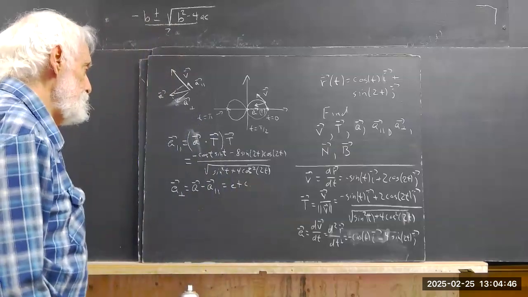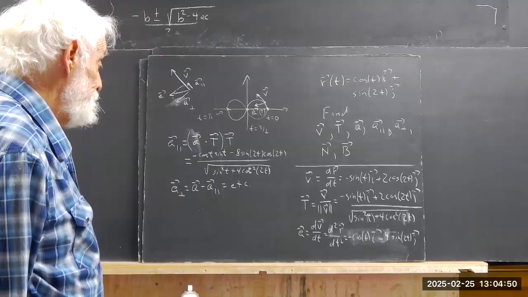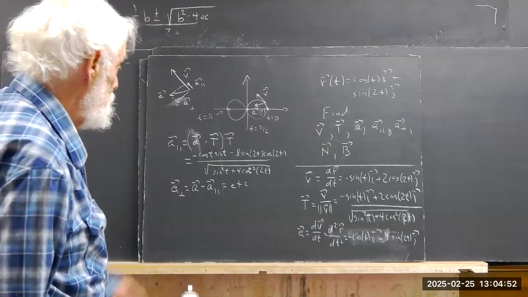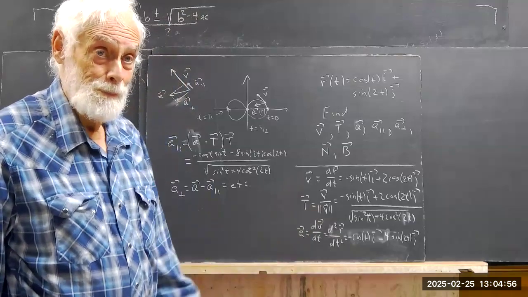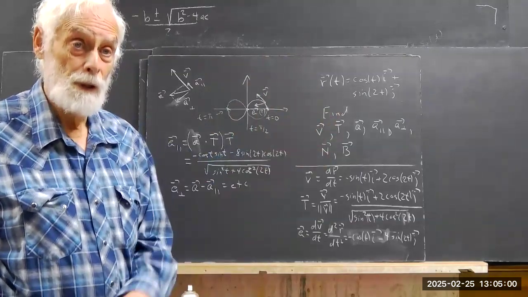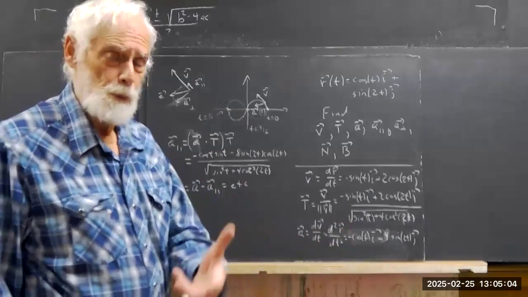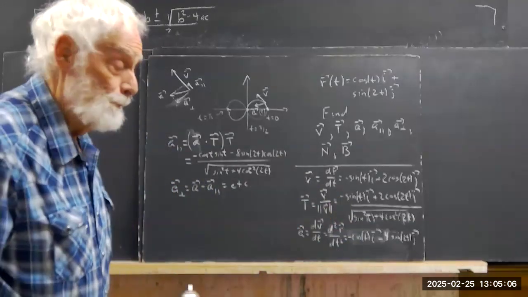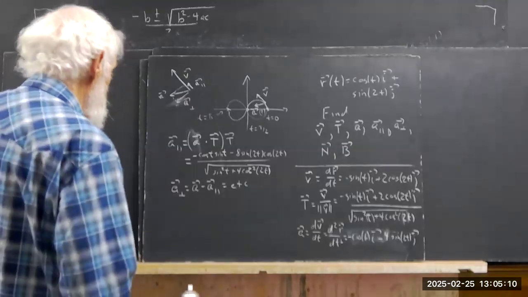You need a common denominator to add the two, and the whole thing would get pretty complicated and wouldn't have a lot of meaning unless you analyze it more deeply than we want to do right now. But there's your A perpendicular.